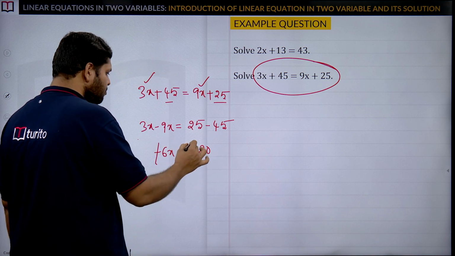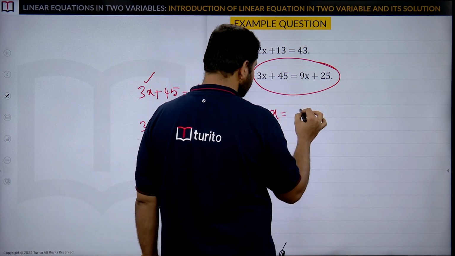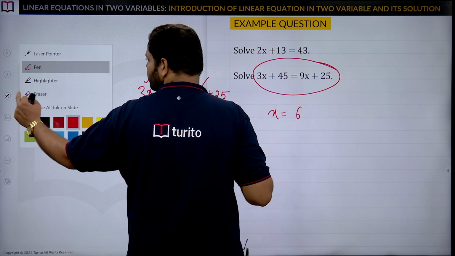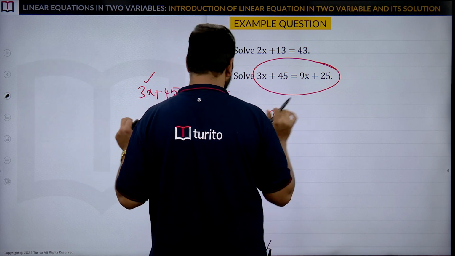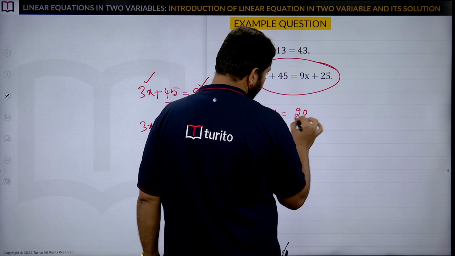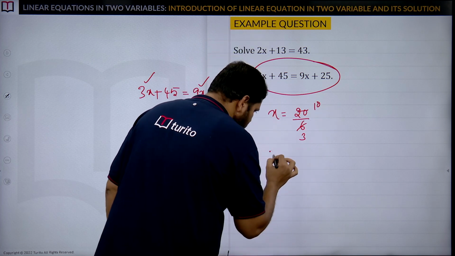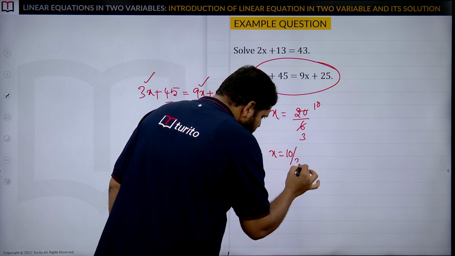Children, here the minus signs cancel. So how can we write x, children? x is equal to 20 upon 6. So this is what? 2 threes are 6 and 2 tens are 20. So x can be written as 10 by 3.